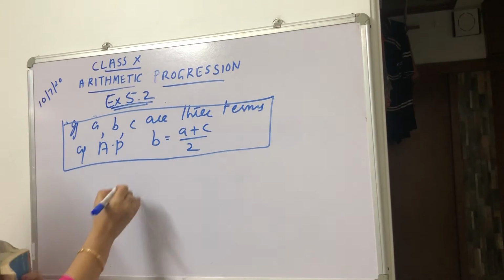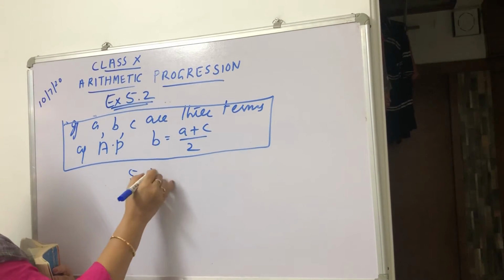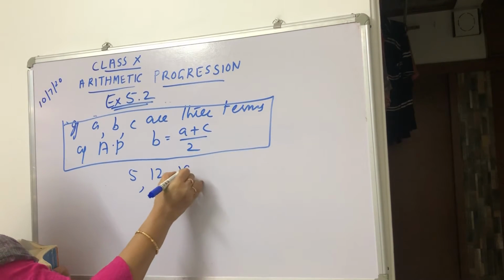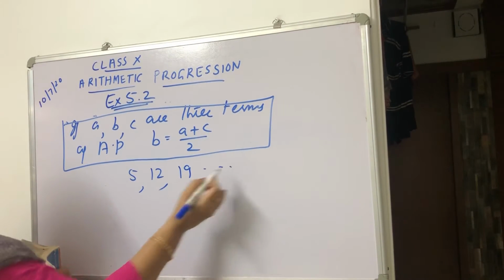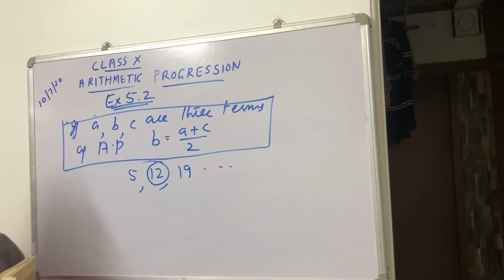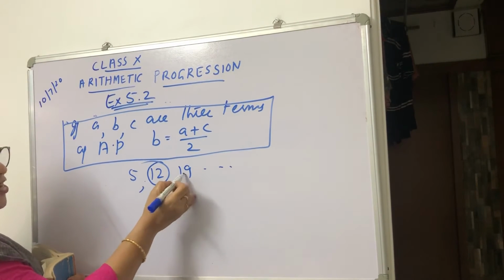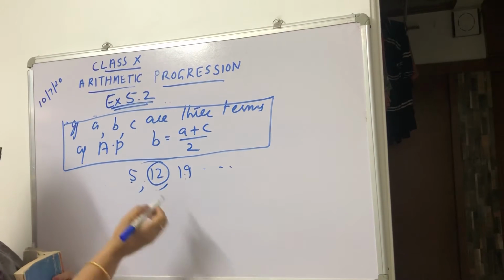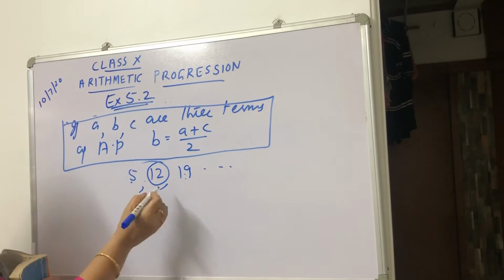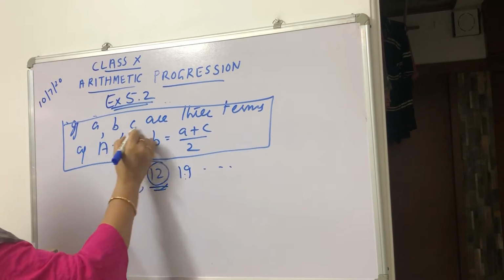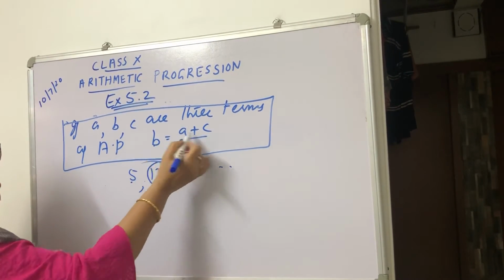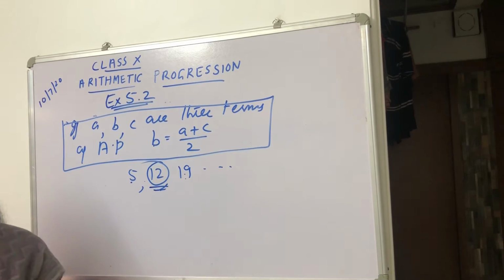See, suppose I am taking 5, 12, 19. How will you get this middle term? 19 plus 5 by 2, 19 plus 5 is 24, by 2 is 12. So if a, b, c are the three terms of an AP, you can get b as (a plus c) by 2.